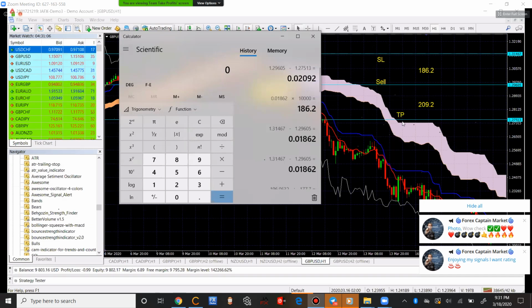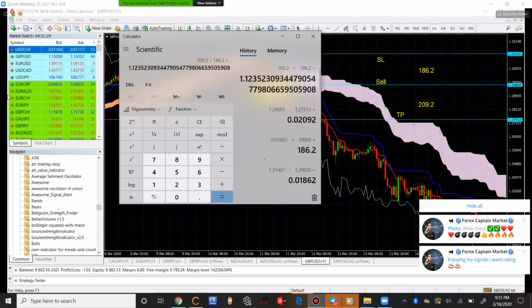So you're going to take this number here, the difference between your take profit and your price, and you're going to divide it by the difference between your stop loss and your trading price here. So we're going to take 209.2 and divide that by 186.2.